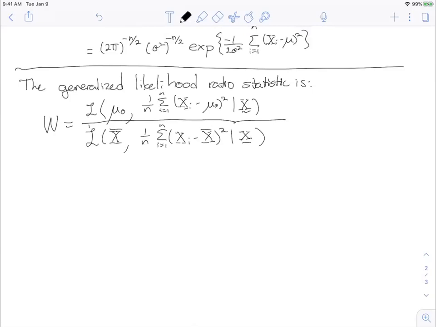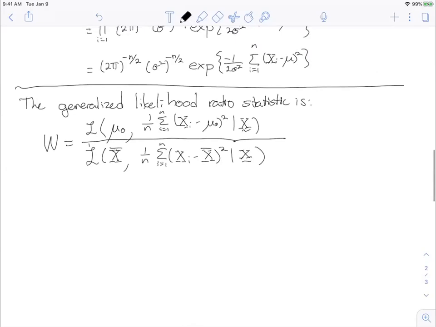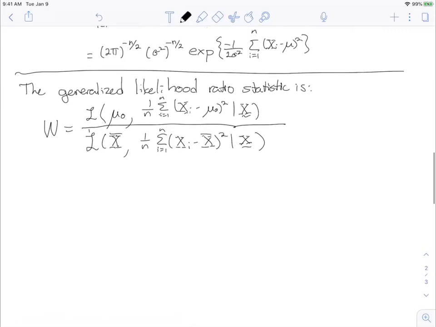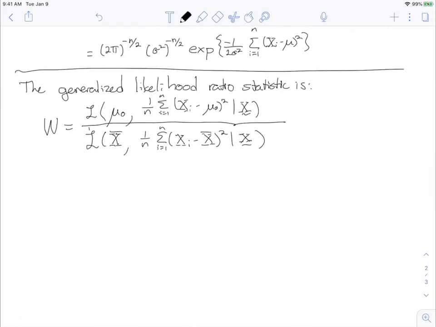So now, this is what I want to evaluate, basically. I want to evaluate in the numerator the likelihood at these particular values for mu and sigma squared. In the denominator, I want to evaluate the likelihood at these particular values for mu and sigma squared. So the way that I'm going to do this is take the expression that's at the top of the screen now, and for the numerator, anywhere that there's a mu, I'll plug in mu0.